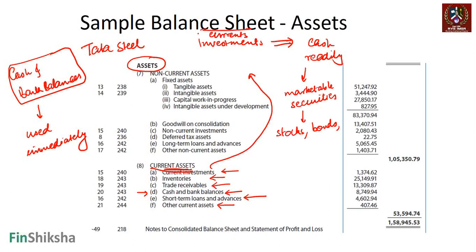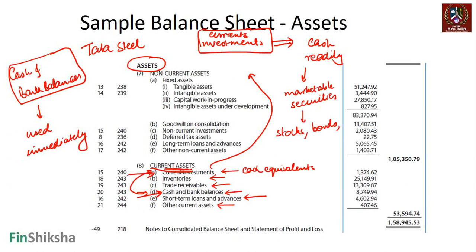Remember, the current investments portion is those investments which are held for the purpose of investing, buying and selling, right? These are basically also known as cash equivalents. In certain cases, these two can be clubbed together and said as cash, which is cash and bank balances, and cash equivalents, which are current investments.